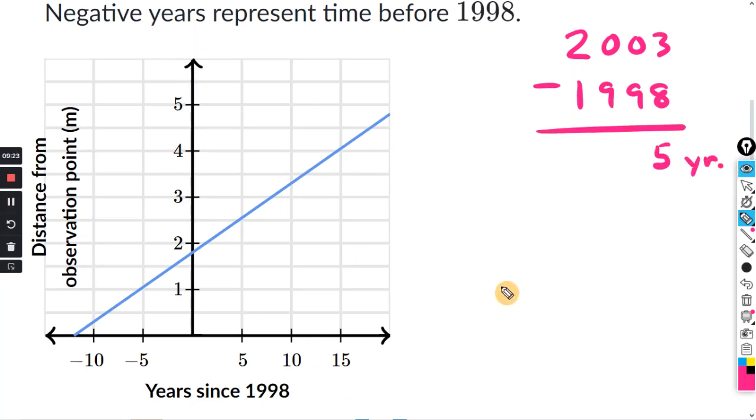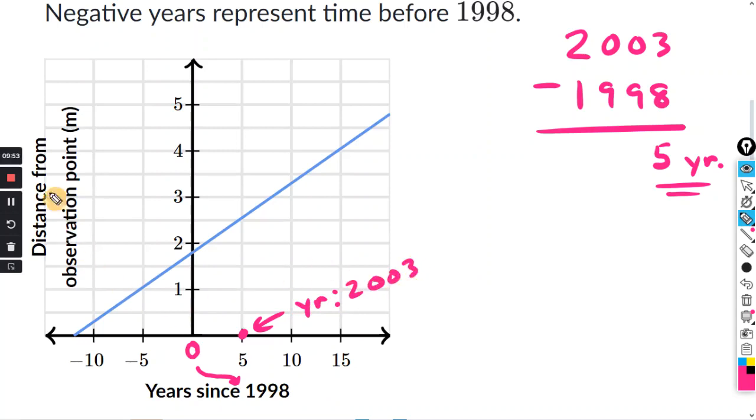This represents the years since 1998, so at 0 years, that's going to be 1998. So what's it going to be for 2003? Well, that's going to be at 5 years. So right here, this is the year 2003.